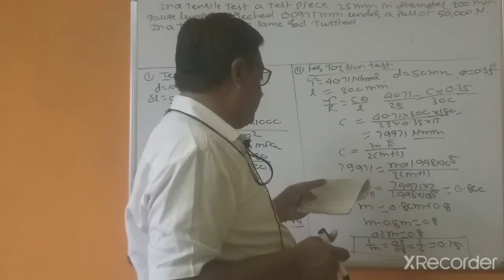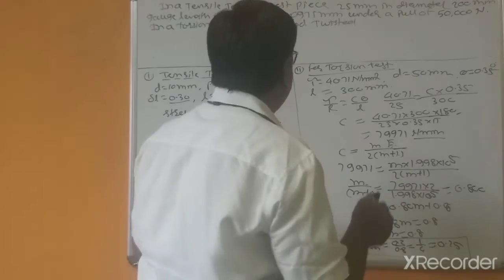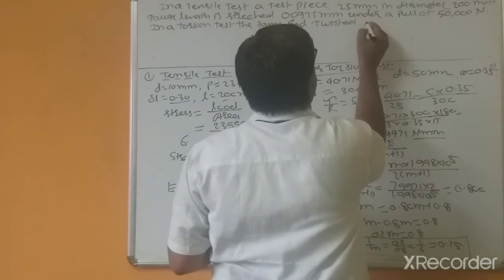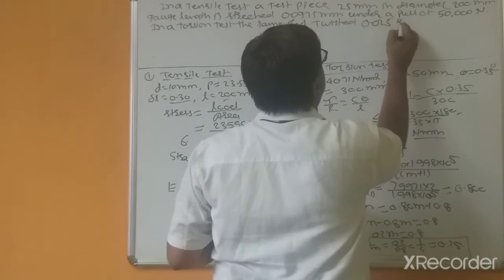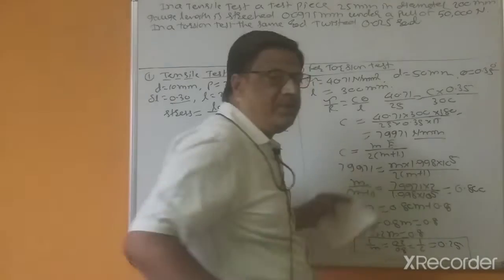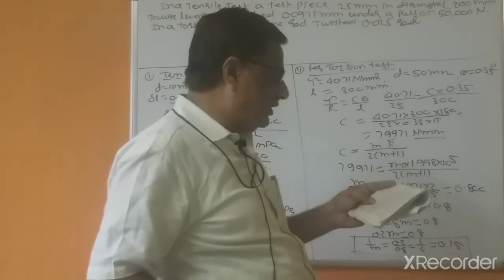In the same rod twisted 0.025 radian. So this is directly given; in the previous problems, this was given in degrees.